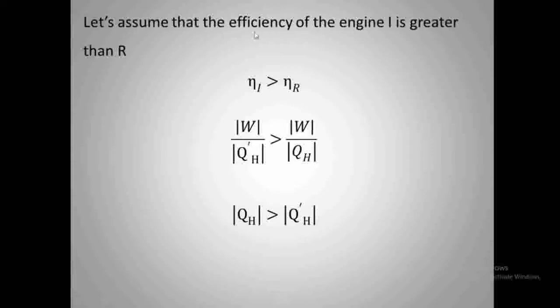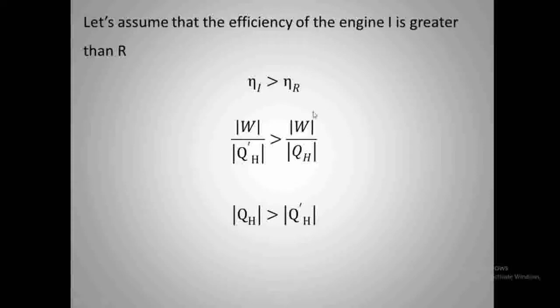So here we assume that the efficiency of the Carnot engine is less than the efficiency of an irreversible engine, that is, eta I, the efficiency of the irreversible engine, is greater than the efficiency of the Carnot engine.